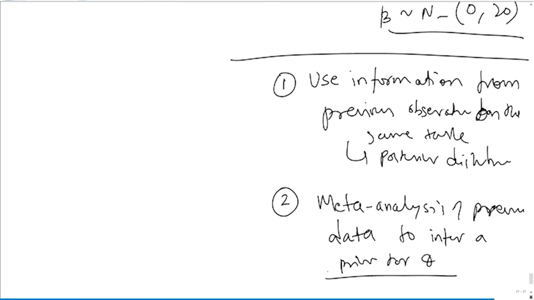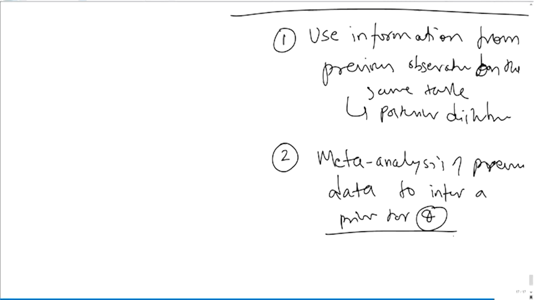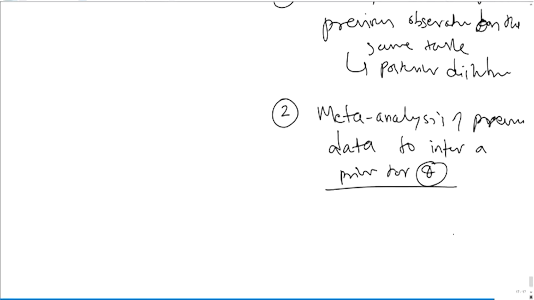So you have data from all previous studies, and given that data, you estimate the posterior distribution of your parameter of interest, given all those studies, using a hierarchical Bayesian model, and that posterior distribution can now be used as a prior for your own study. So actually there is a way of doing this. You can do a meta-analysis of all previous studies.